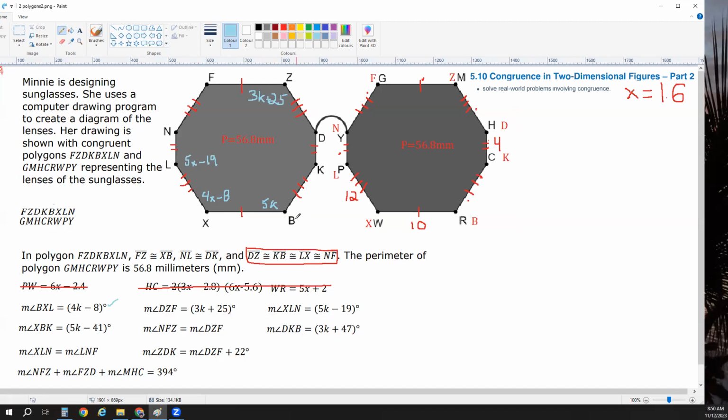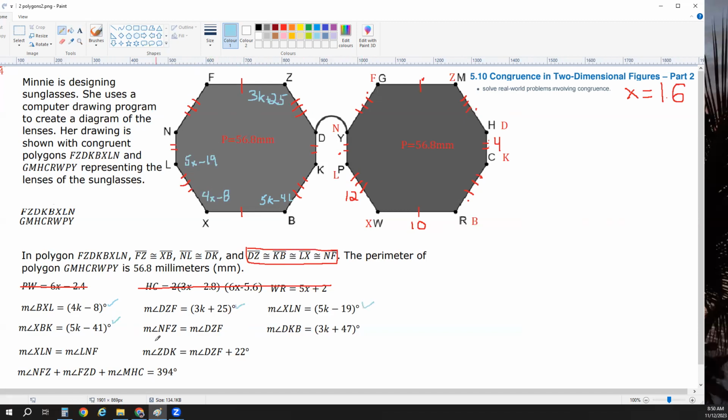I can't read that. 5K minus 41. There we go. Got that one. DZF. I already did that one. Didn't mark it off. Did that one too.